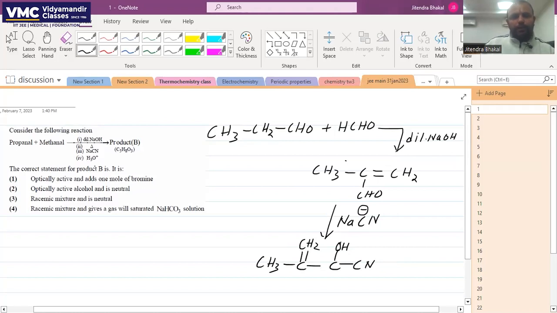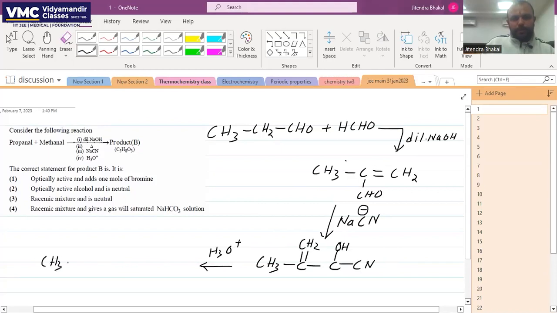Now in the next step, hydrolysis of the cyano group will take place and it will form a carboxylic acid. So we are using hydrolysis in acidic medium.